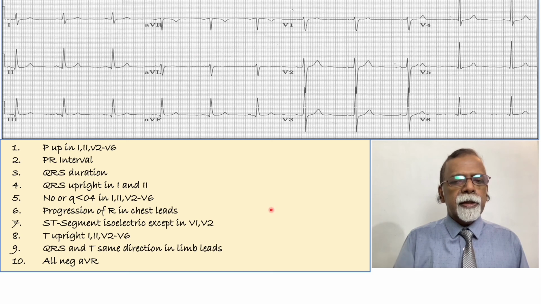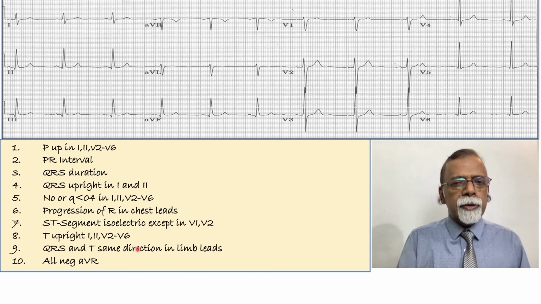So this summarizes the 10 rules. You can easily remember and you can easily follow if you analyze from P wave, next to the PR interval, then thinking about the QRS, the direction of the QRS, presence or absence of the pathological Q, progression of the R wave, the ST segment, then the T wave, and the direction of the T with the QRS, and finally AVR, all the waves must be negative.